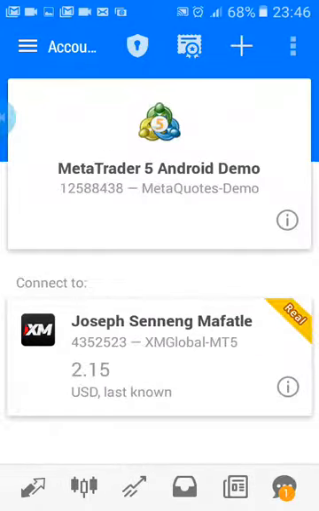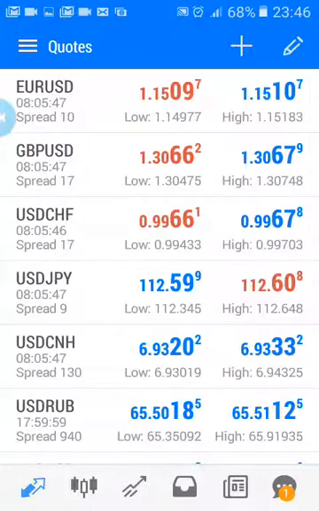Once your demo account, or whichever account you want to trade, appears up there, you are in. So you choose any button here that you want to go through. If you want to go to your codes platform, you just press it, and there it is. The first button on your bottom left side, that sign there, 2 arrows pointing up and down.